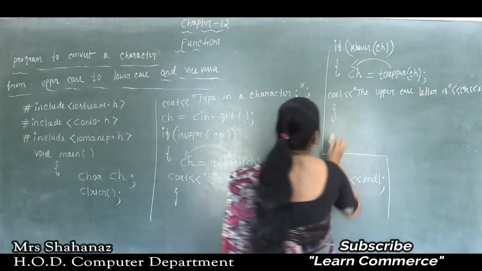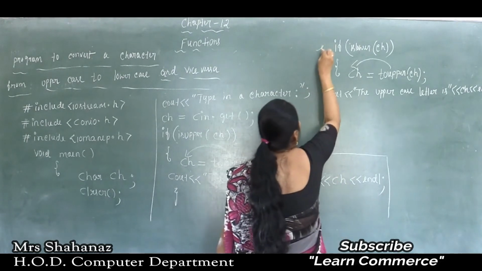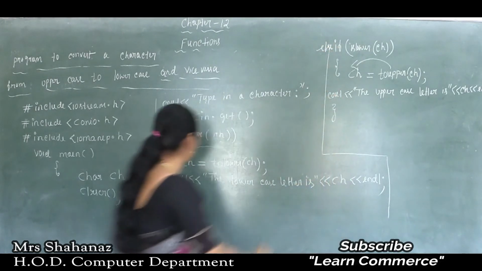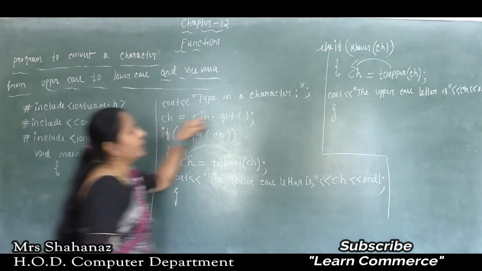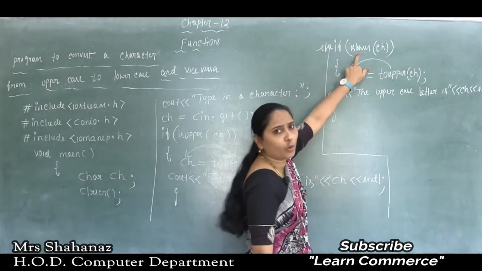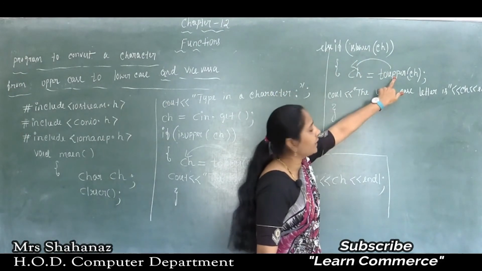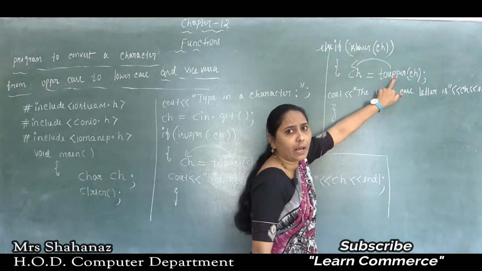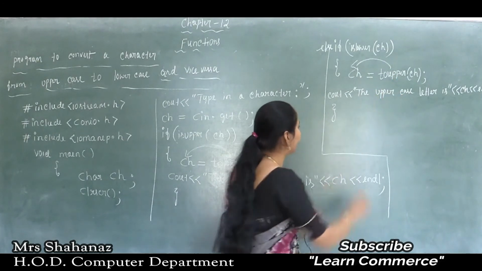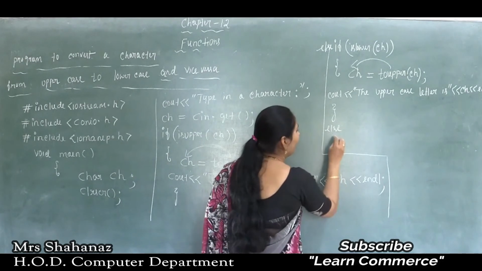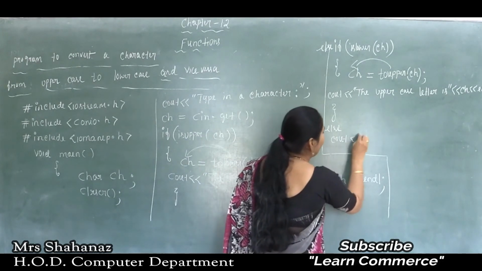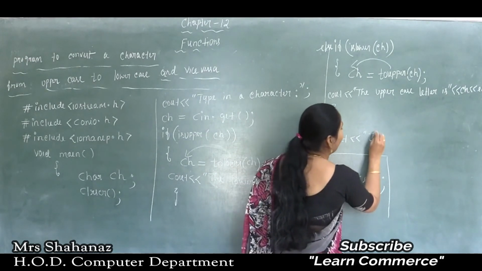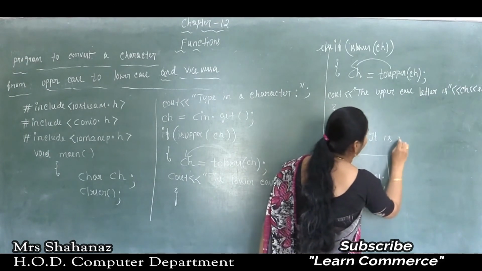Later next one, here we need to write else if. Okay, here before it was just the if, but here else if it is a lowercase character, such a character needs to convert from lower to upper and then display the message. Lastly else, okay, cout, it is not an alphabet.